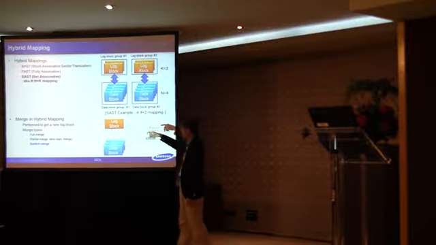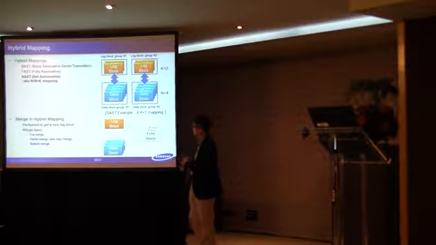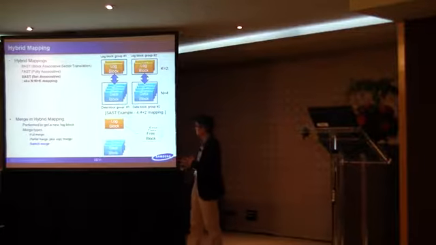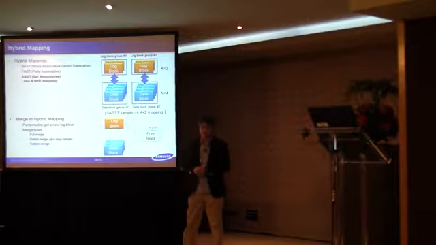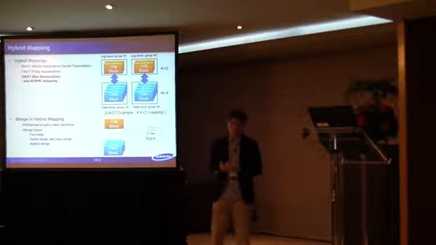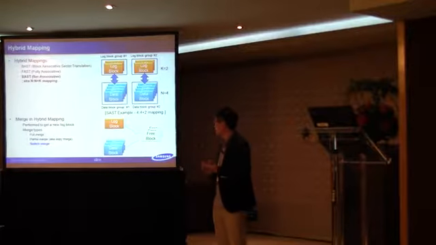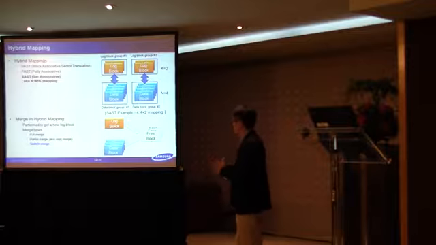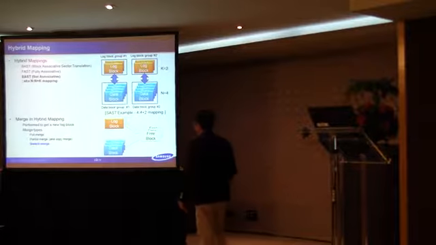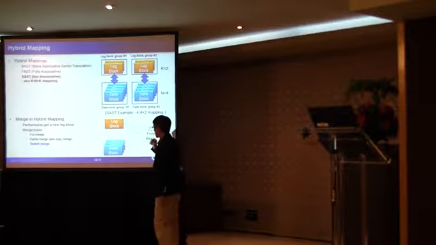In the other case, a partial merge means we copy only a part of the block. So, for example, if the block consists of 100 pages, then we can copy only a part of the block's pages. And the switch merge is the best case.